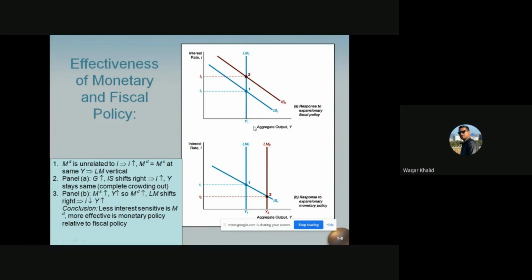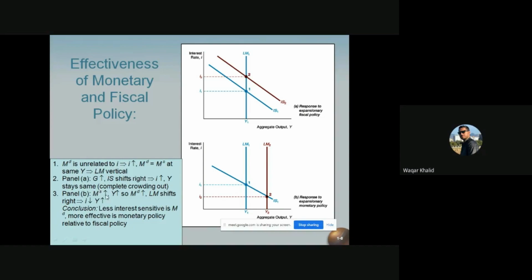But now look here. Look at panel B. If there is an increase in the money supply, what will be the result? As you know, when there is an increase in the money supply, the LM curve will shift from LM1 to LM2. It means that the LM curve will shift to the right side. It means that we are moving from point A to point B. And at point B, we have I2 level of interest rate and Y2 level of aggregate output.